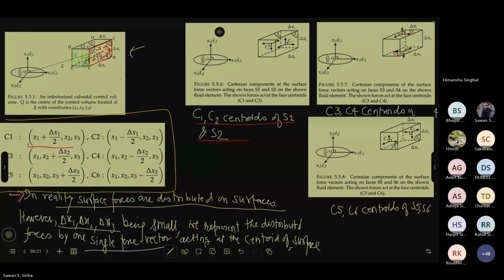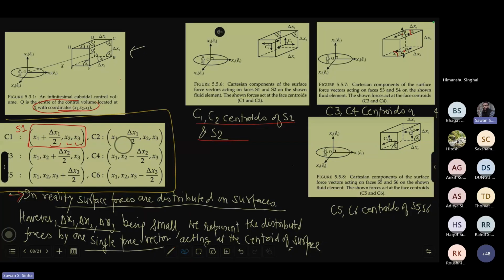C1, which is the centroid of face S1, has these coordinates: x1 plus delta x1 by 2, x2 and x3, where x1, x2, x3 are the centroid coordinates written here. Go to C2, what changes?